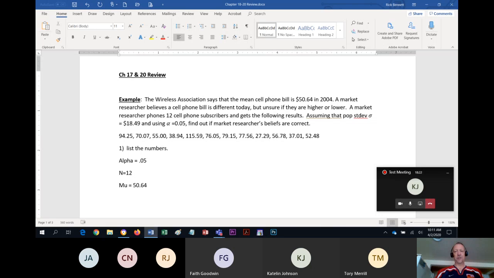Okay, are there any other numbers? And sigma is 18.49. Sigma equals 18.49. Okay, is that all you see?